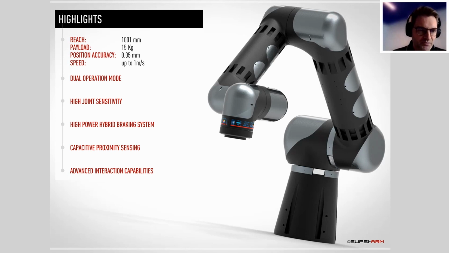And then I'm going to present you the main features, which are this dual operation mode, collaborative and industrial. I'm going to talk about the high joint sensitivity. I will explain the hybrid braking system, allowing the robot to achieve these performances.